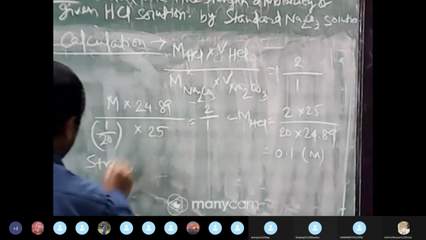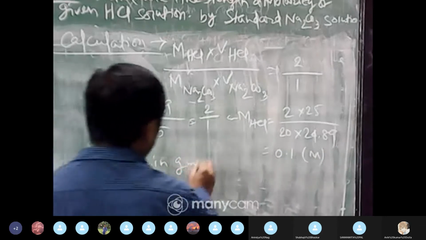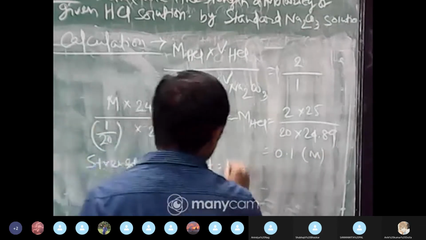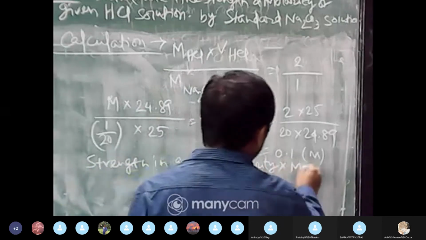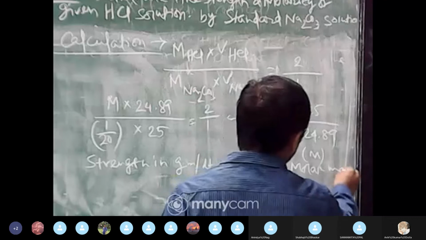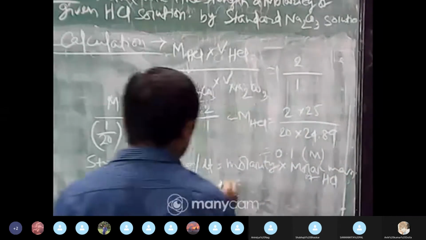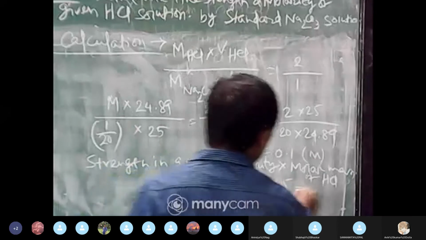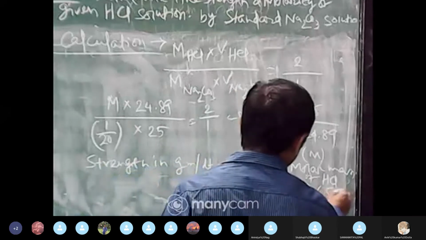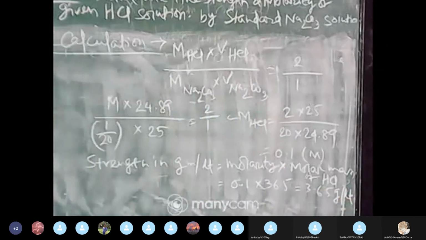Strength in gram per liter is equal to molarity into molar mass. Molar mass of HCl, not of sodium carbonate, that is 0.1 into 36.5, equal to 3.65 gram per liter. So this is the calculation part.